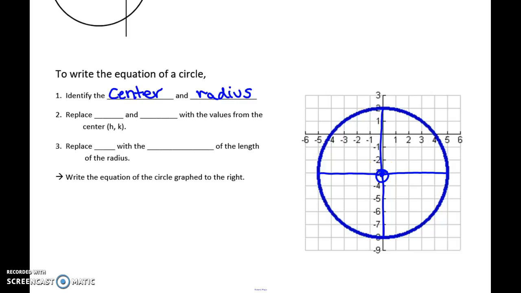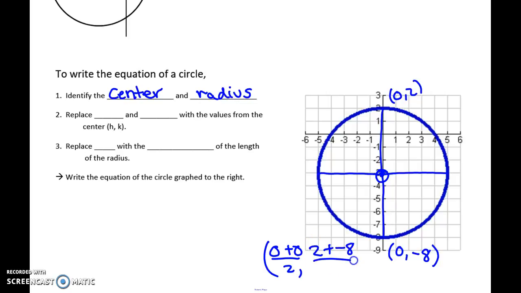Another way to do this would be to find the midpoint of a diameter. This diameter goes from 0, 2 to 0, -8. The midpoint is (0 plus 0) over 2, (2 plus -8) over 2, which gives my center of 0, -3.